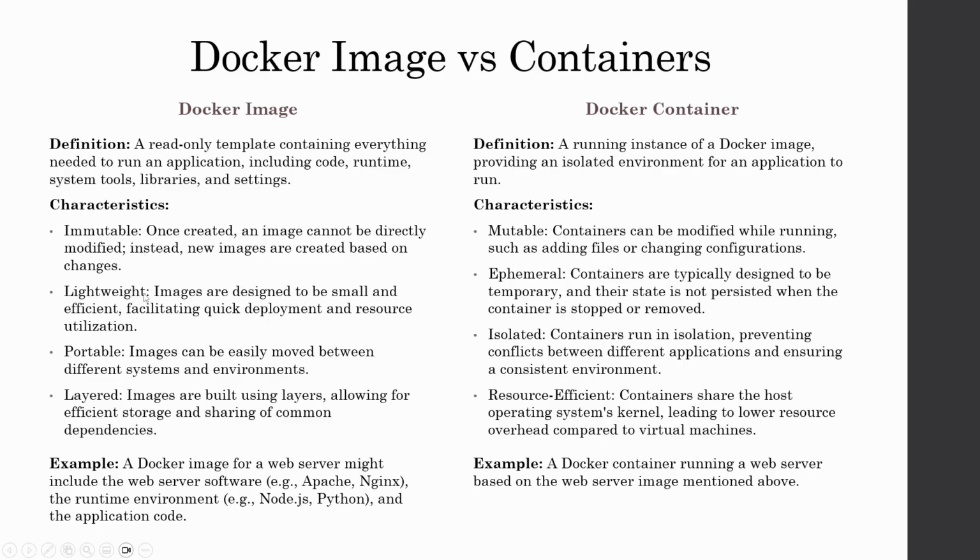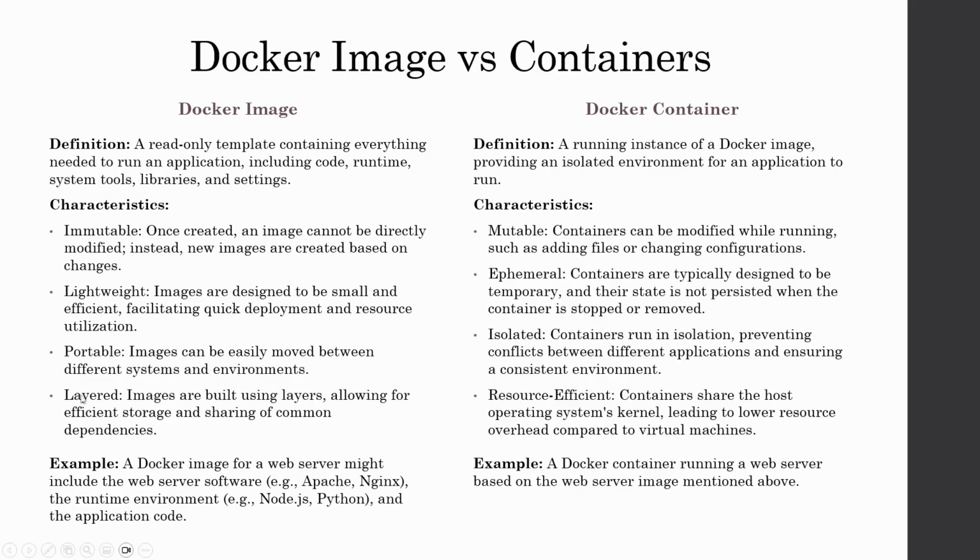It is lightweight, so images are designed to be small and efficient. It is optimized in such a way that it should work very fast. It should be portable, meaning it should not create a problem where it works on one type of OS and not on another. So it is portable, and it is layered.